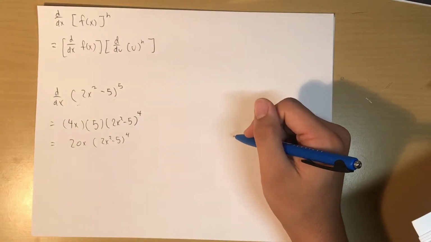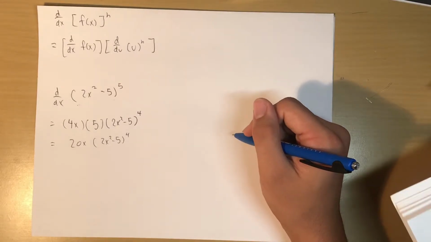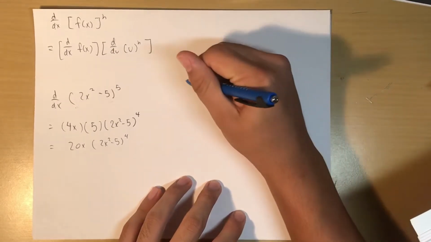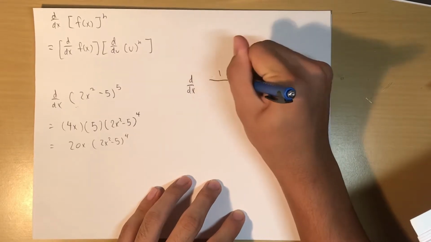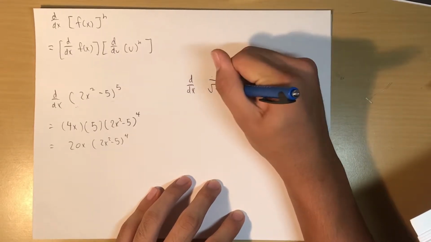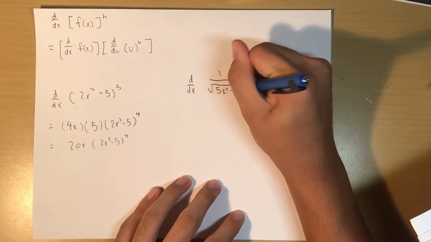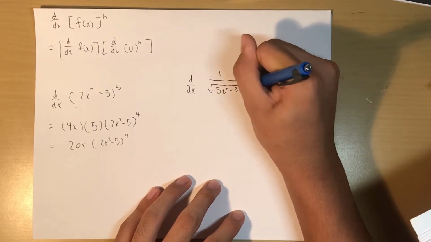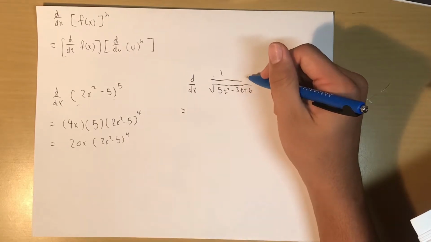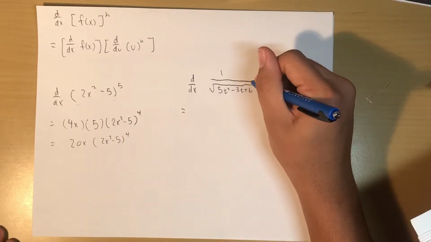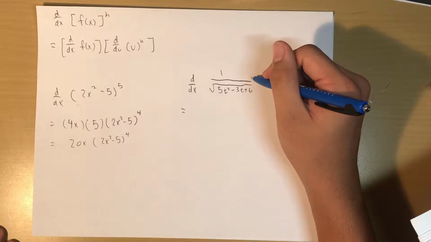Let's look at another one. How about the derivative of 1 over the square root of 5t squared minus 3t plus 6. Well, at first glance, it's not being raised to the power of anything, right?